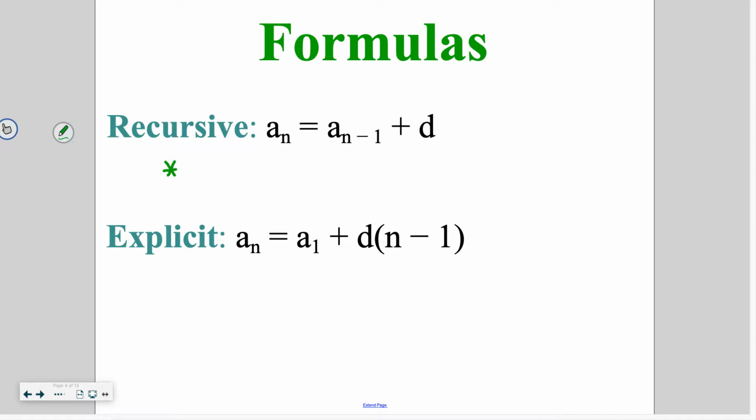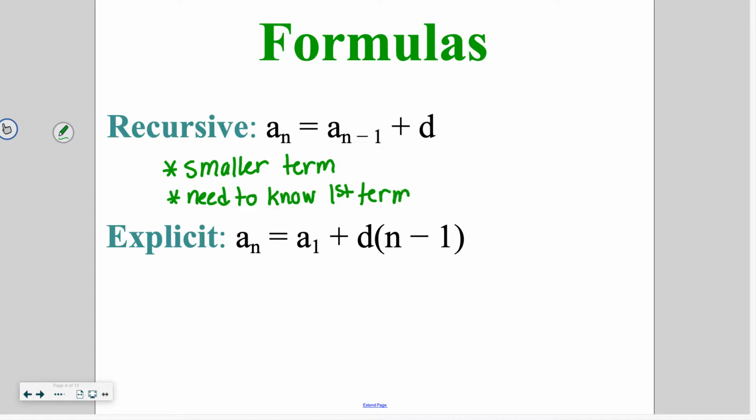This works really well for smaller values. So if you're trying to find the second or third term, it's not going to be very difficult to add it up over and over. It also means that you need to know the first term, and it works really well if you know the previous term.